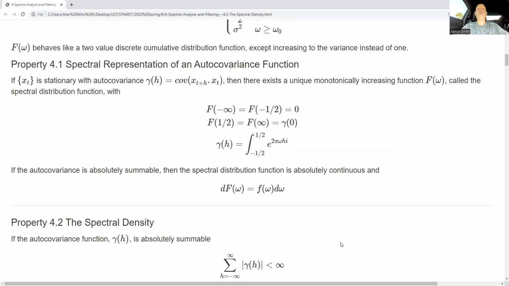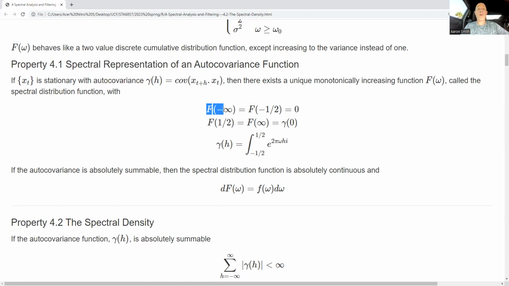So let's take the spectral representation of an autocovariance function. All right, so if our time series process is stationary, and here's our autocovariance, then there exists a unique monotonically increasing function, capital F, called the spectral distribution function with these properties.